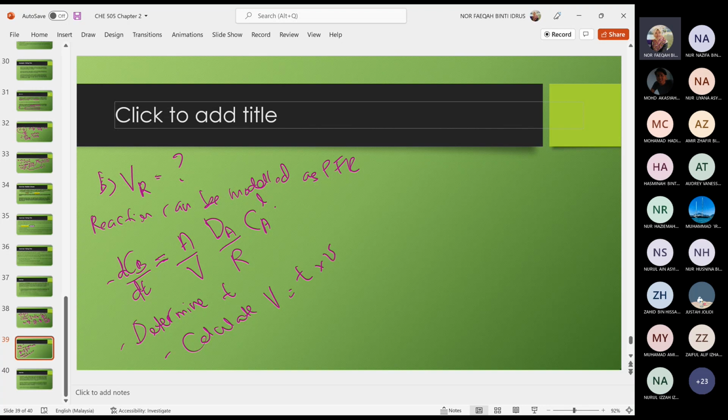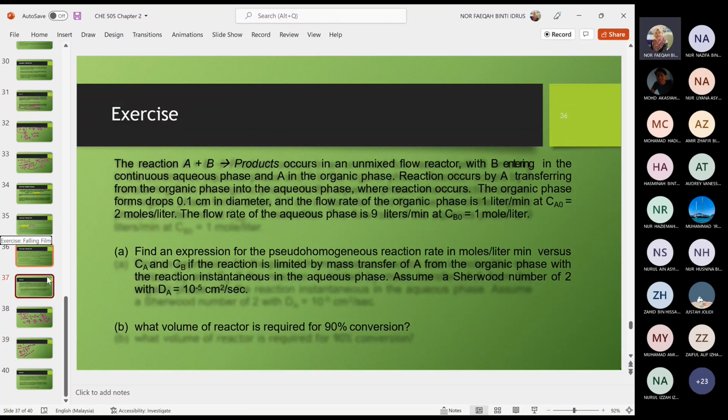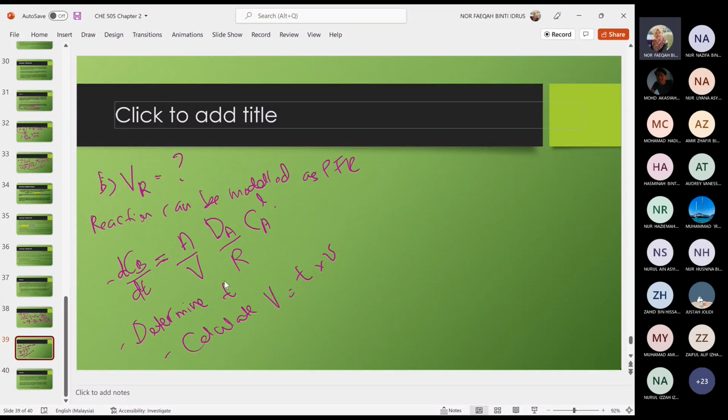Multiply with volumetric flow rate. Okay. So, conversion given. Sepatutnya tak ada masalah lah. Conversion untuk A 90%. Conversion untuk B pun 90%. So, dapatkan tau ni sahaja.